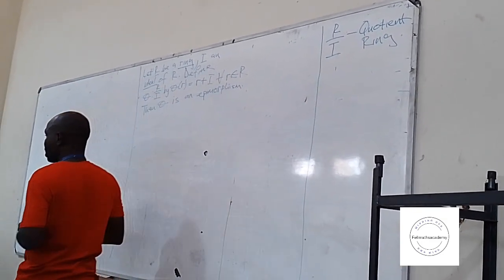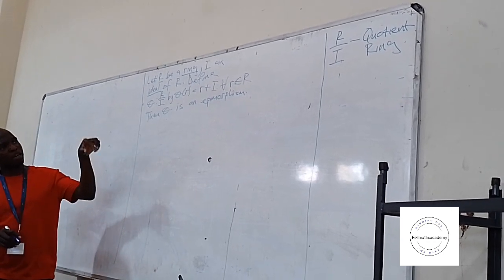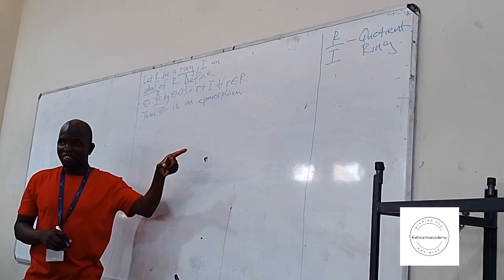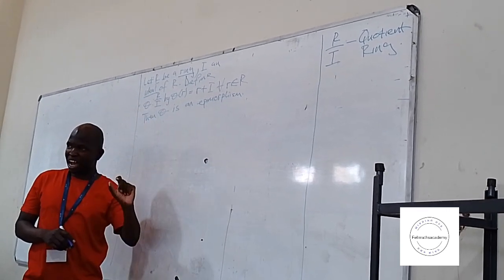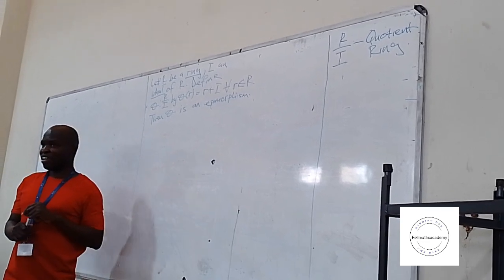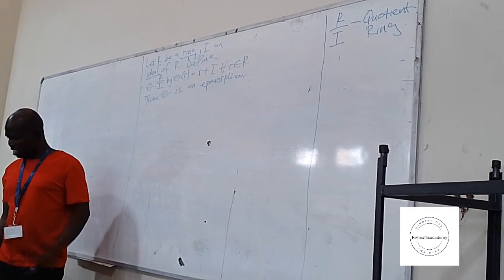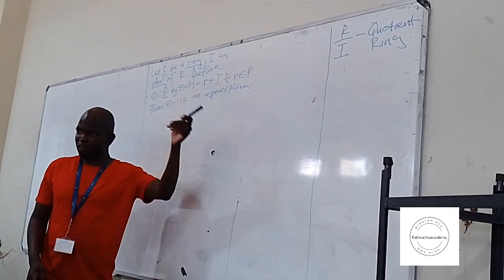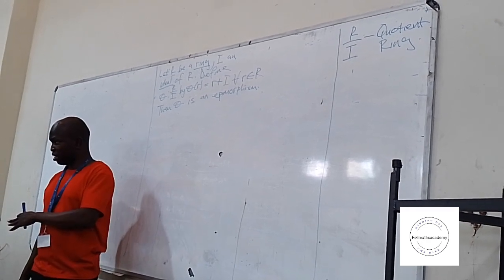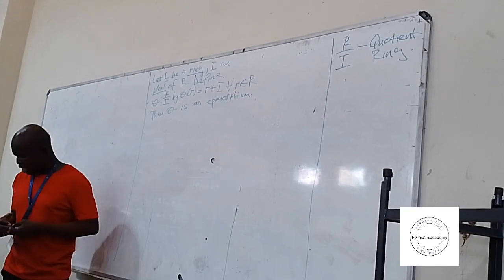R is a ring, I is an ideal, and R over I is a quotient ring. There is a question next, a presentation to prove that R over I is a ring.